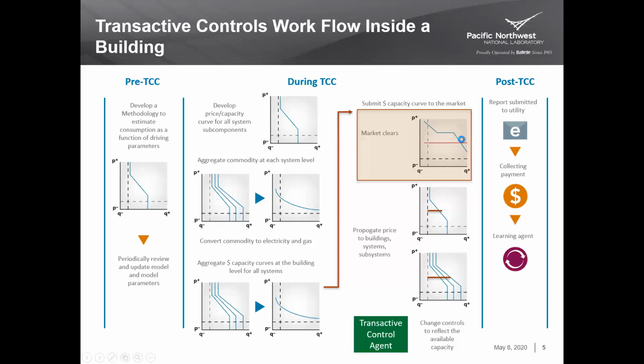The price is cleared based on the supply curve, the intersection of the demand and supply curve, and that supply curve can be a fixed demand curve to limit the electricity at the building level. It could be a fixed price curve. It could also be some other type of supply curve, based on the signal from the utility or something.